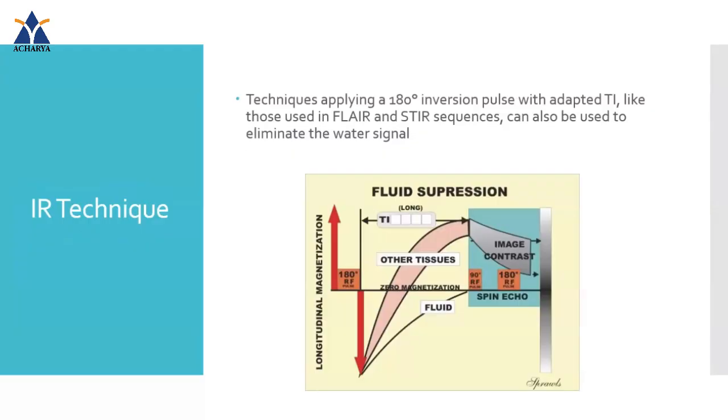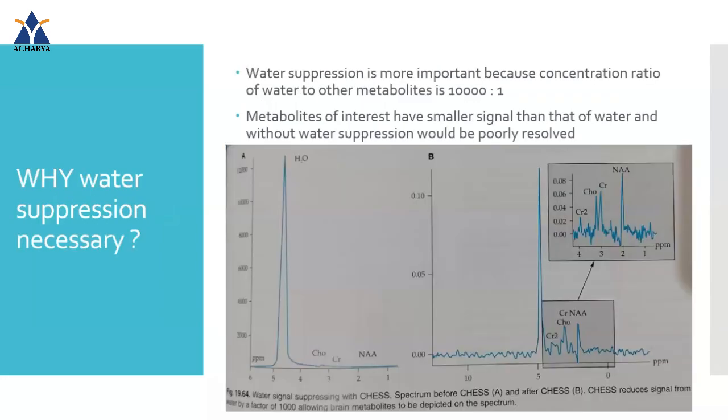So for water suppression, we use the FLAIR sequence. In this, we apply a 180-degree inverting pulse with an adapted TI. This is the time of inversion required to relax your water molecules till they reach the transverse magnetization. Then we apply a dephasing pulse to suppress the water signal.